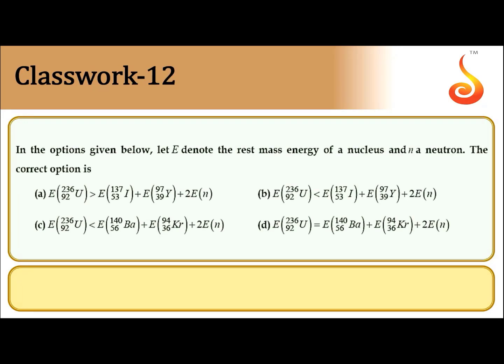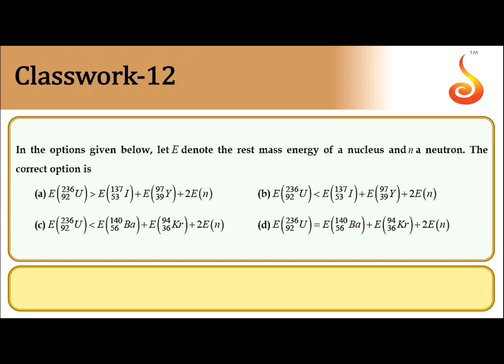Example 12. In the options given below, let E denote the rest mass energy of a nucleus and n a neutron. The correct option is. Okay, so now if you look at this, there are a couple of equations here. Remember, the rest mass energy of U will be greater than the rest mass energy of the nuclei into which it breaks. The constituent nuclei and the neutrons will have kinetic energy also as a result of conservation of linear momentum.